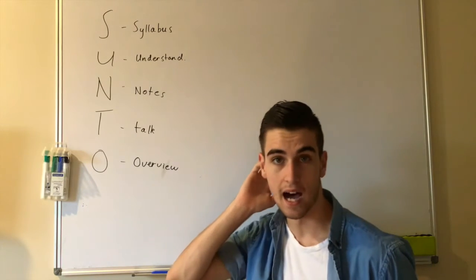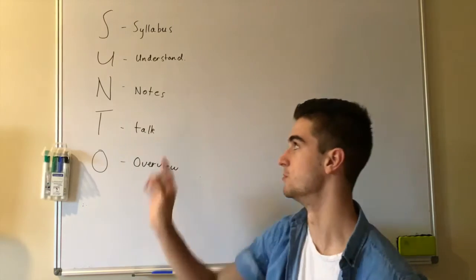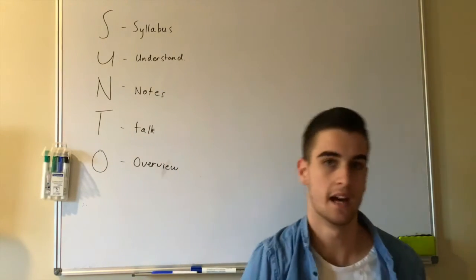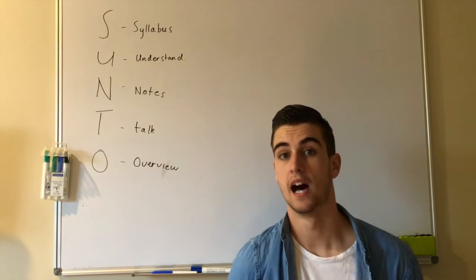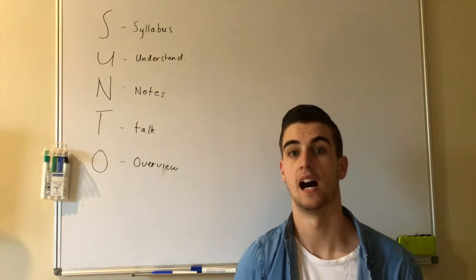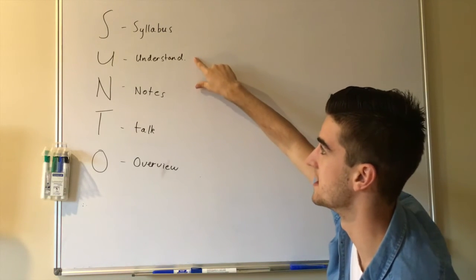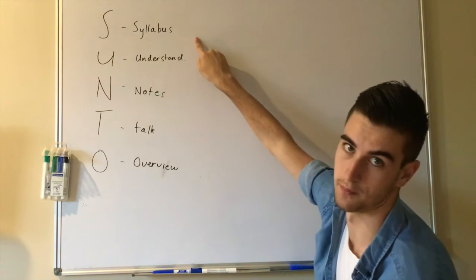Next thing you want to do is make your notes, we're up to the third part of Sunto now. When you make your notes, you want to write the syllabus dot point down, and then you want to make your notes underneath it. The key part to that is this middle part here, this understanding. You can't know the syllabus dot point and then make notes.